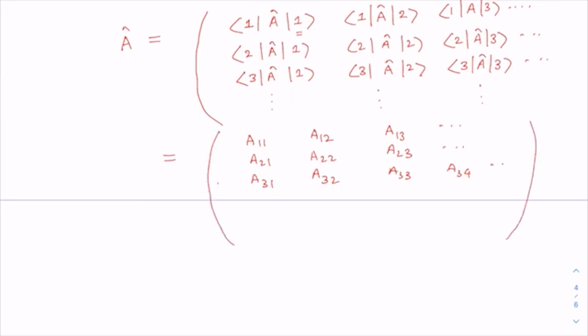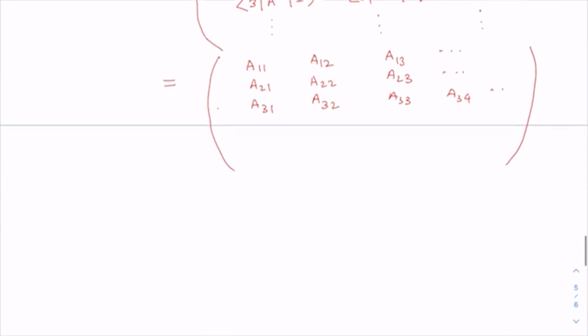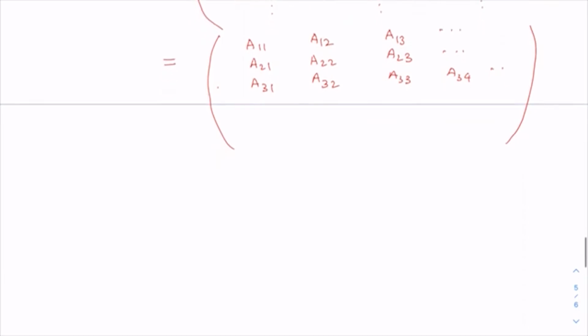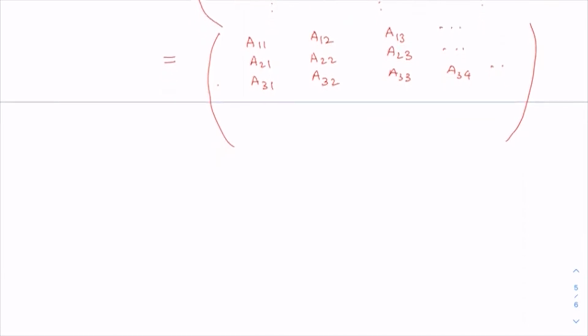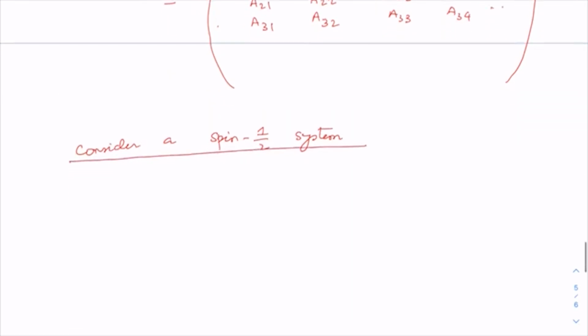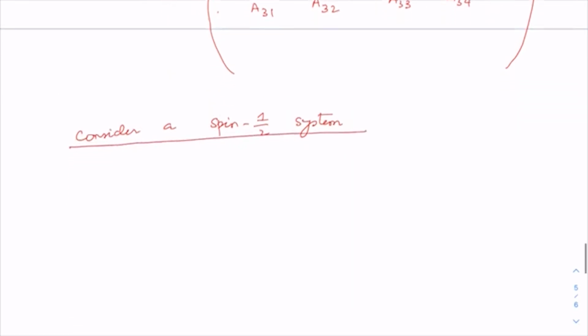Okay, let me give you an example right away. Consider a spin half system as an example. You know a spin half system is a two-dimensional system because it has two eigenstates.